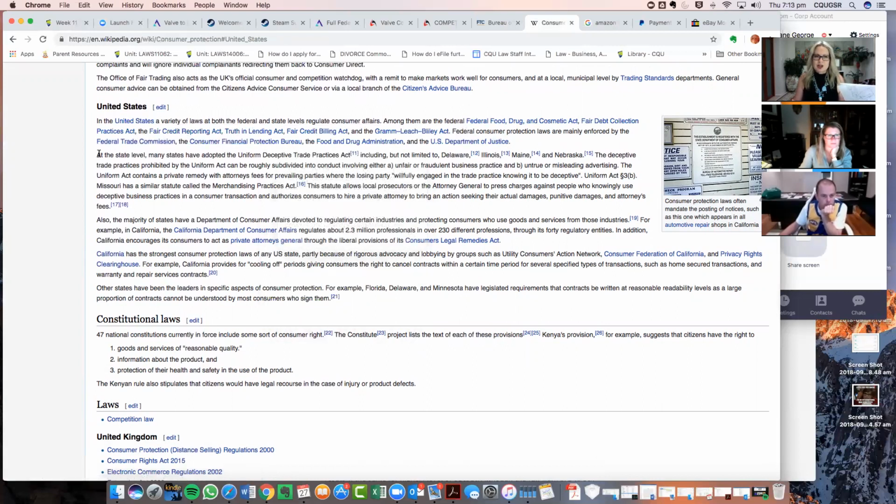And it's still the case that there are just a few handful of states that have adopted that Uniform Deceptive Trade Practices Act. Delaware is like 80% of American companies' headquarters because the laws there are easier for companies, I believe, in setups and taxes.